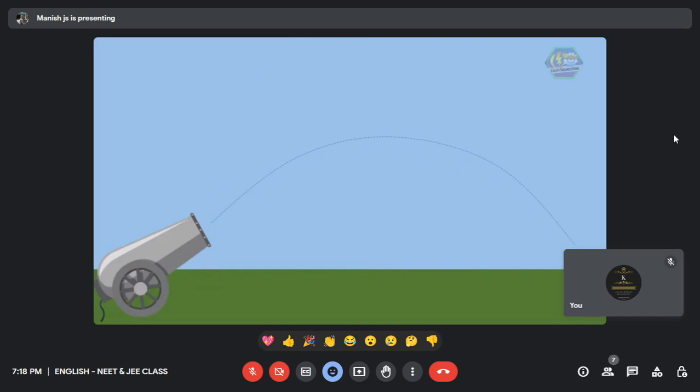First is its velocity. Initially, the cannonball has an initial velocity. This initial velocity can be resolved into its x direction and y direction components. This means that the cannonball is moving upward while moving to the right.